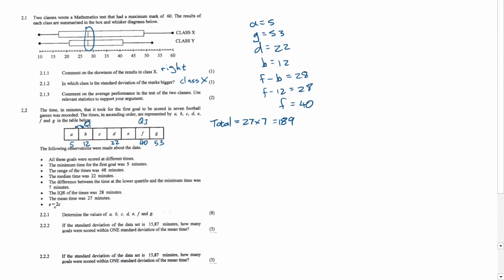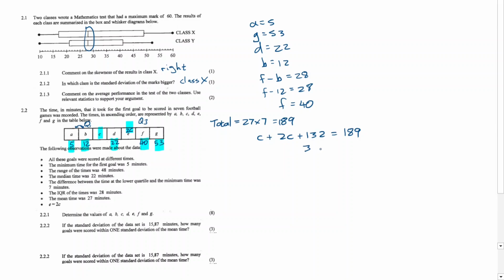And then E equals 2C. So if I add up all the data, the 5, the 12, the 22, the 40, and the 53, and the C and 2C, because E is 2C, then I'll get C plus the 2C plus all the numbers added together should get me my grand total, which was an average of 27 times the 7 data.